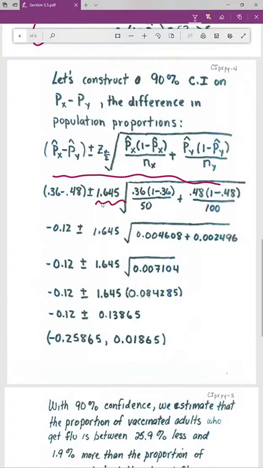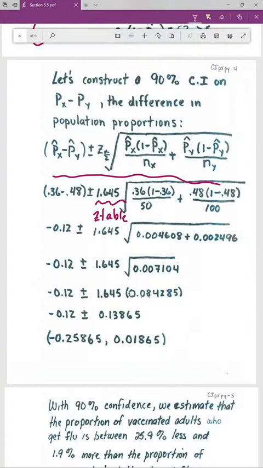Remember, this 1.645 comes from the z table, times our standard error of Px minus Py, which would be the square root of 0.36 times 1 minus 0.36 divided by 50 plus 0.48 times 1 minus 0.48 divided by 100.